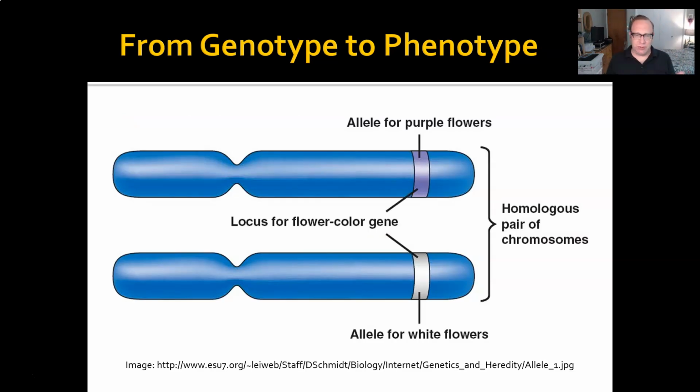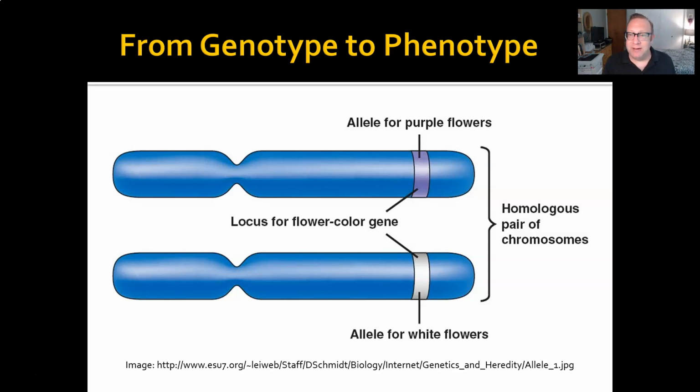To kind of illustrate this a little bit, we've got these lovely oversimplified chromosomes here, and the little bands, the white band and the purple band, they represent a gene for flower color. So the gene controls the trait of flower color, but they're different alleles.